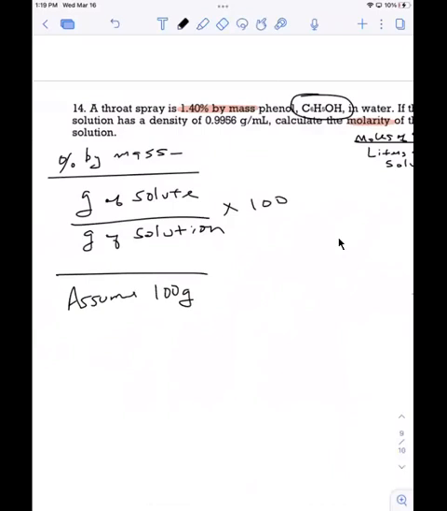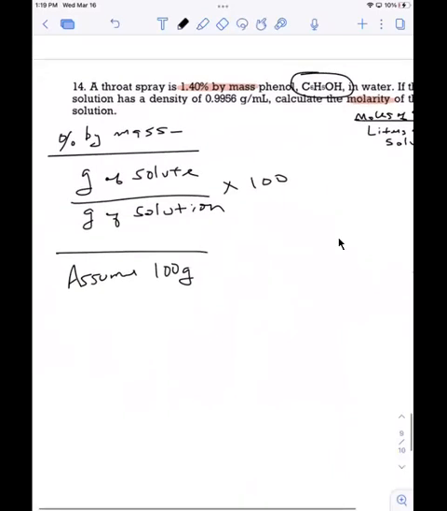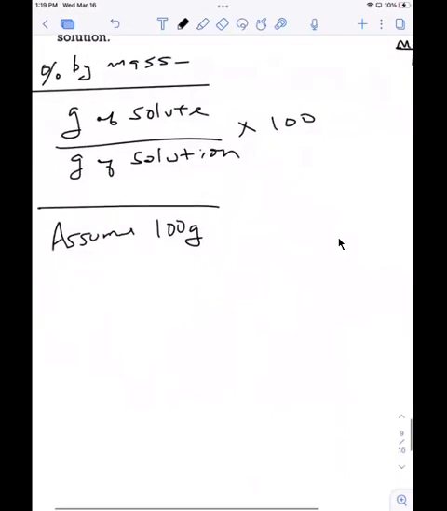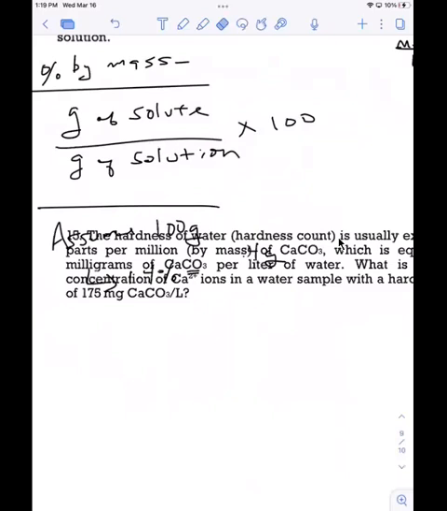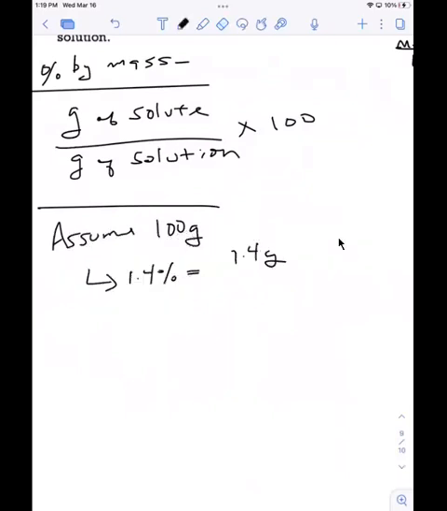And so if we assume 100 grams, then 1.4% is the same as saying 1.4 grams of phenol or solute over 100 grams of solution.